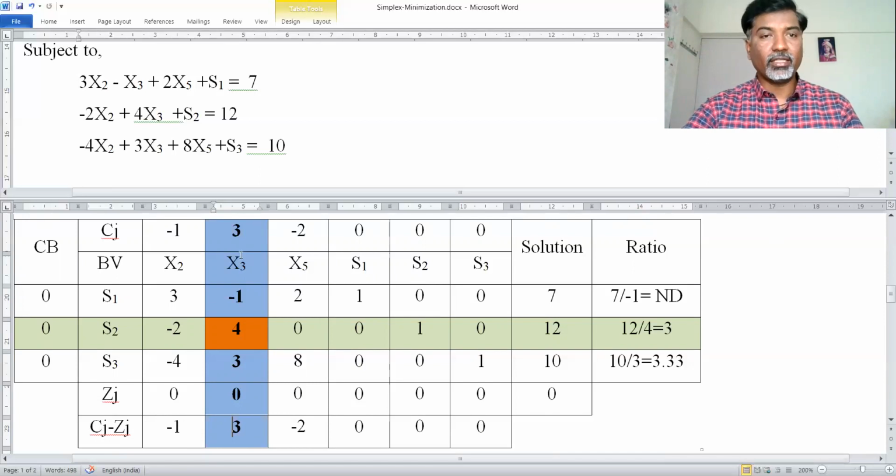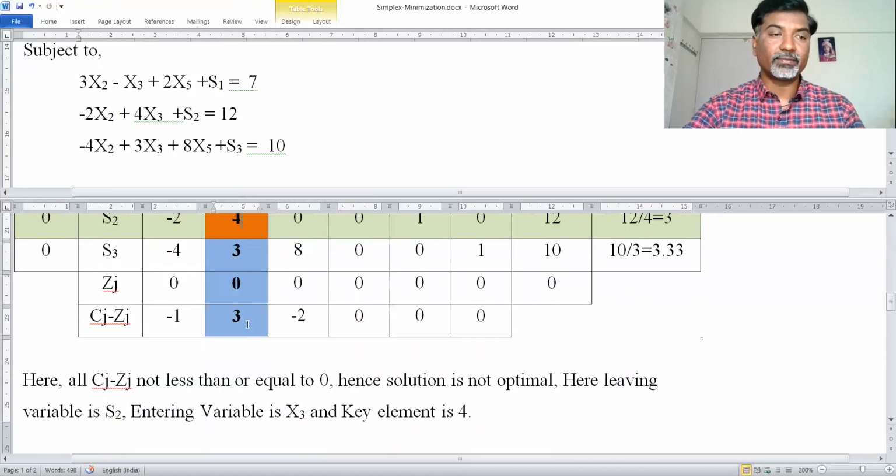Then we divided the solution values by the values of the key column, and from that we calculated the ratio. Whichever ratio value is minimum, that row we selected as the key row. The intersection of key column and key row is called the key cell. From the key cell value, we come to know which is the leaving variable and which is the entering variable.